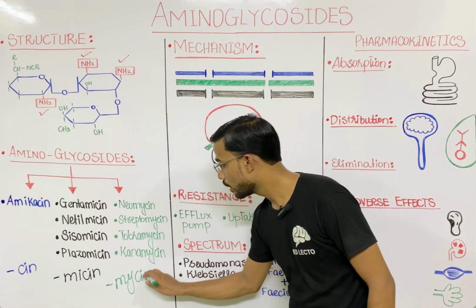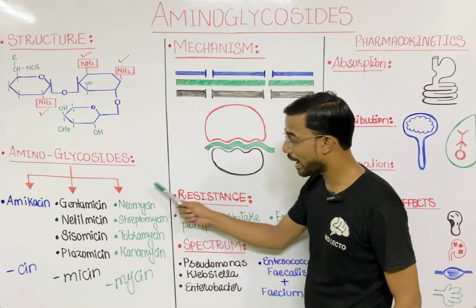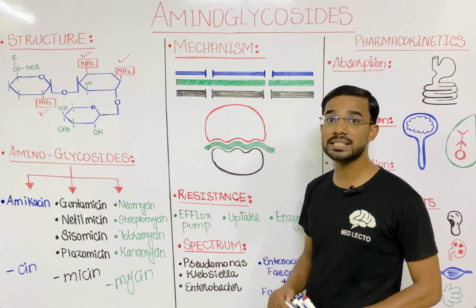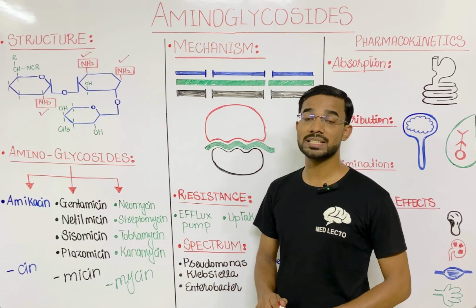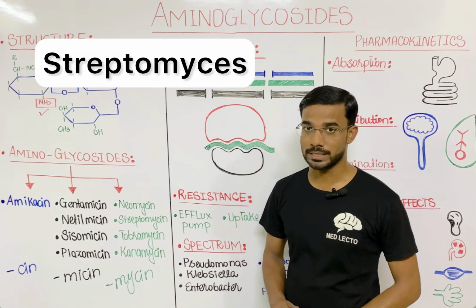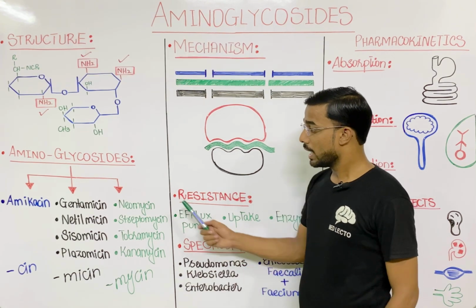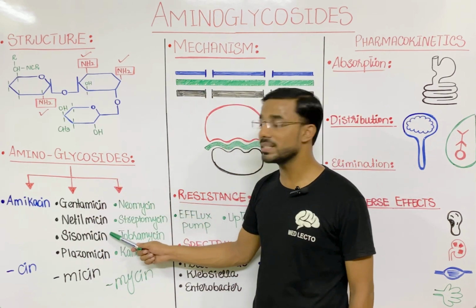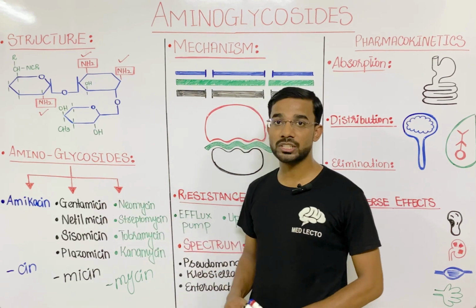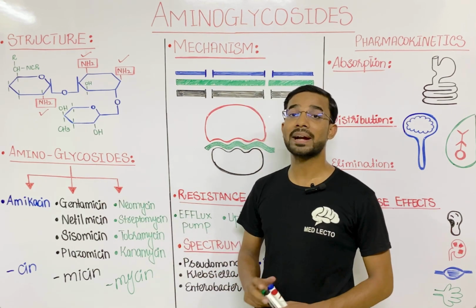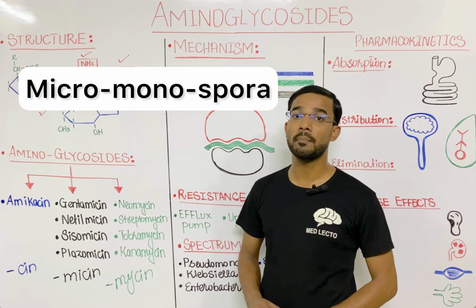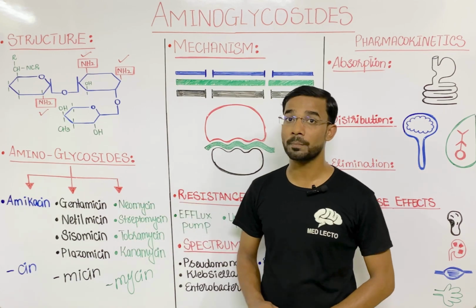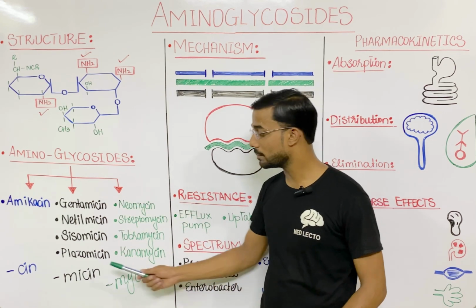In the third group, the ending is "mycin". This mycin group, neomycin, streptomycin, tobramycin, and kanamycin, is synthesized by the bacterial genus called Streptomyces. That's why we call it mycin. The second group, micin, is derived from the bacterial genus called Micromonospora. That's why we categorized it into the group with the suffix micin.